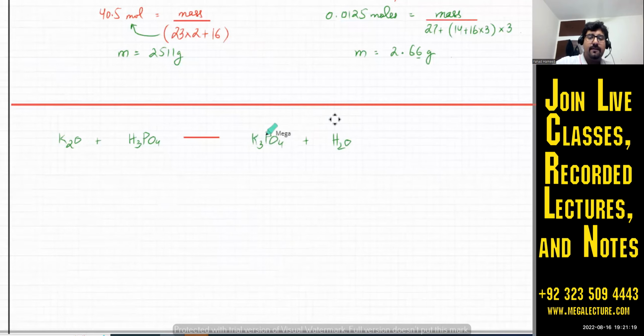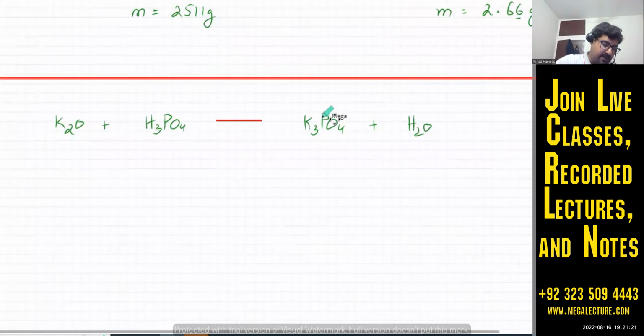So we've got this reaction in front of us, and I'm going to balance it. I'm going to balance the potassiums first. So 2 with this, and multiply this side with 3. The phosphoruses are twice over here, so I'm going to multiply this by 2.